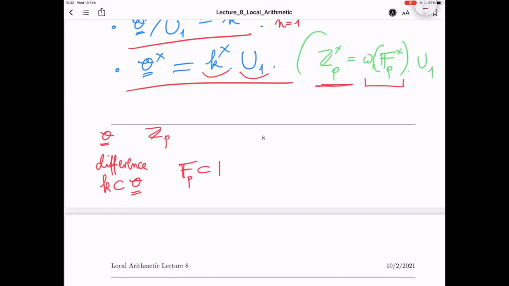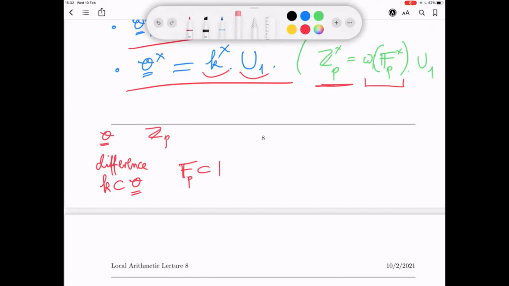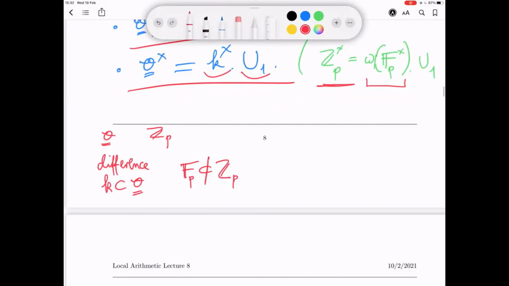It's not contained in Zp. What you have are two substitutes.